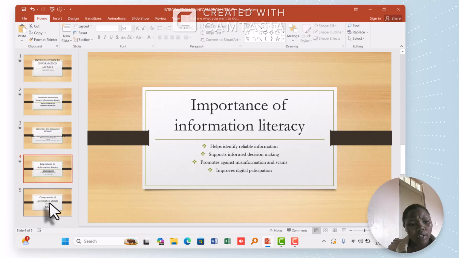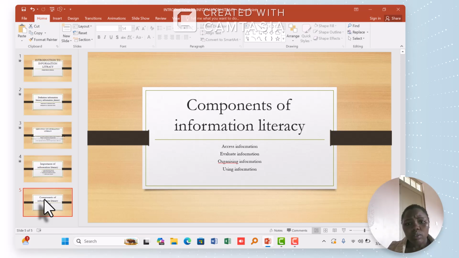Then we also have the components of information literacy. What is information literacy composed of, or what does it have? Information literacy helps us to access information, to evaluate information, to organize information, and to use information, be it in any field. Those are simply the components.